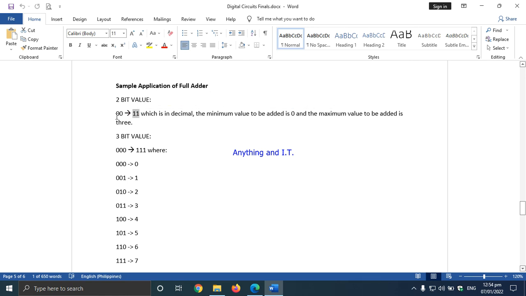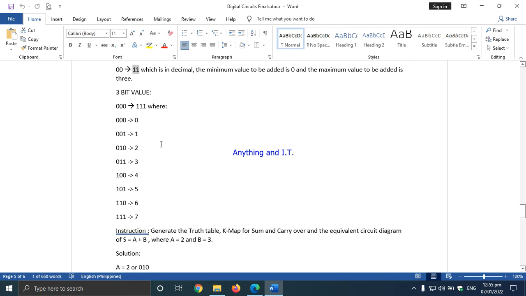So in itong binary digit na to, in decimal, this is 0, and if you convert it into decimal, etong 11 is equivalent to 3. So if you're going to use the half adder, ang pwede mo lang i-add is from 0 to 3. But for 3-bit value, okay, so 3-bit value, eto tayo, 000 until 111, where ito nga yung breakdown. We could add decimal numbers from 0, 1 to 7.